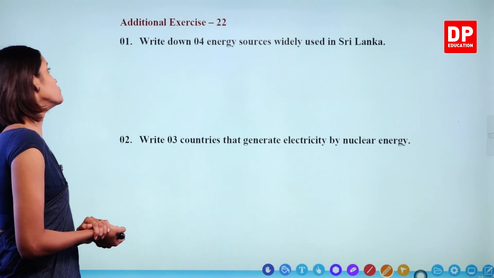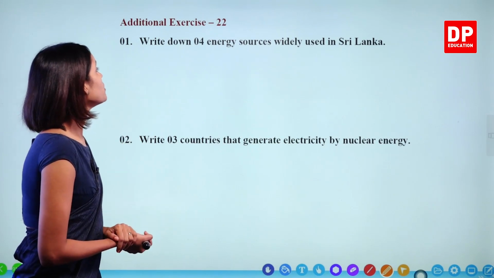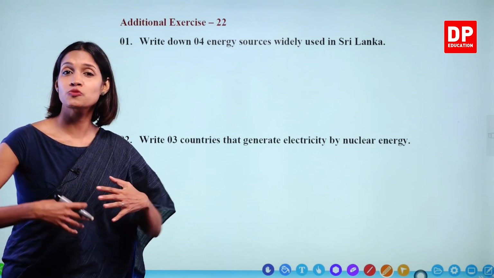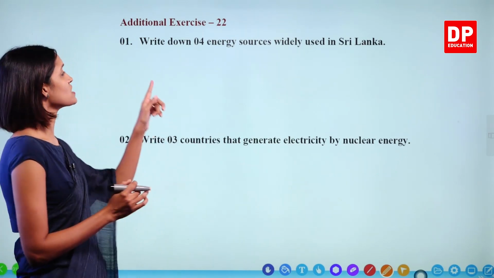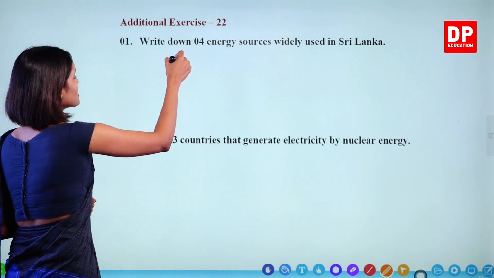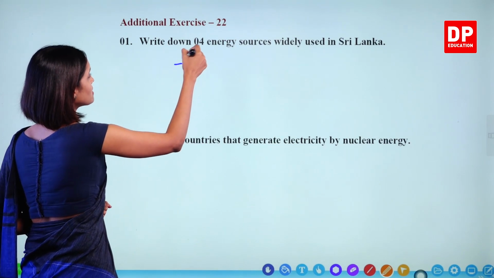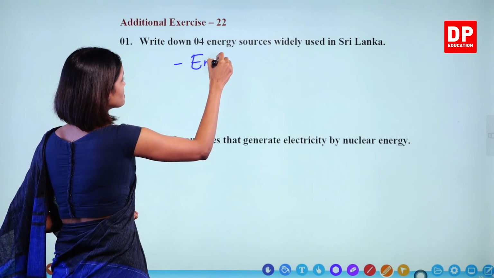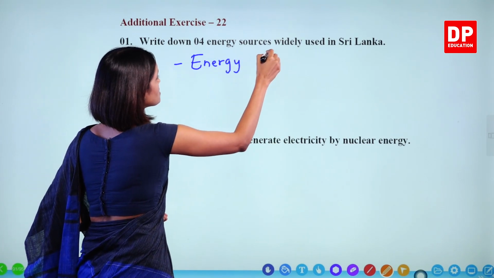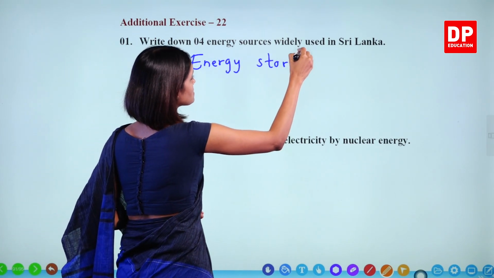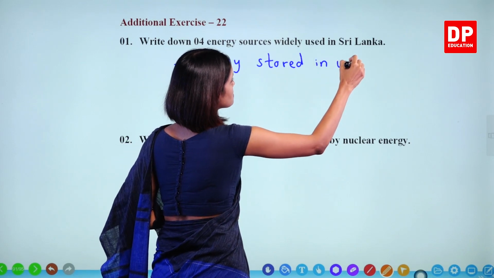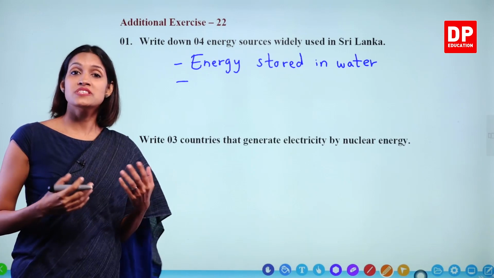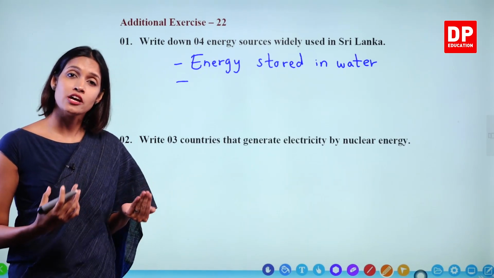Number 22. Write down 4 energy sources widely used in Sri Lanka. What are the most widely used energy sources? Let's write. Basically we generate electricity using hydropower, therefore energy stored in water. In our day-to-day life, we use fossil fuels, petrol and diesel, to run our vehicles.